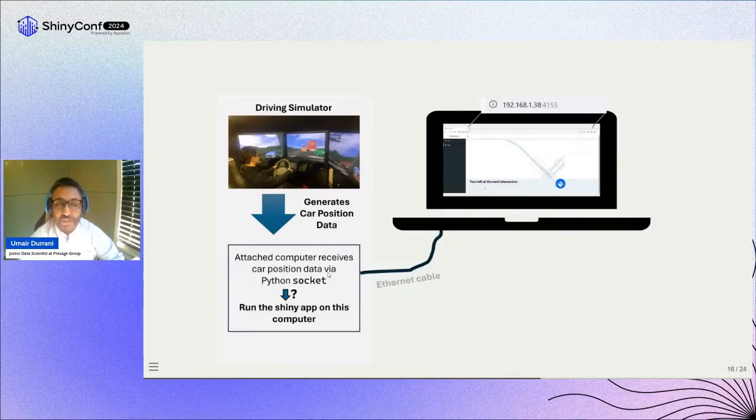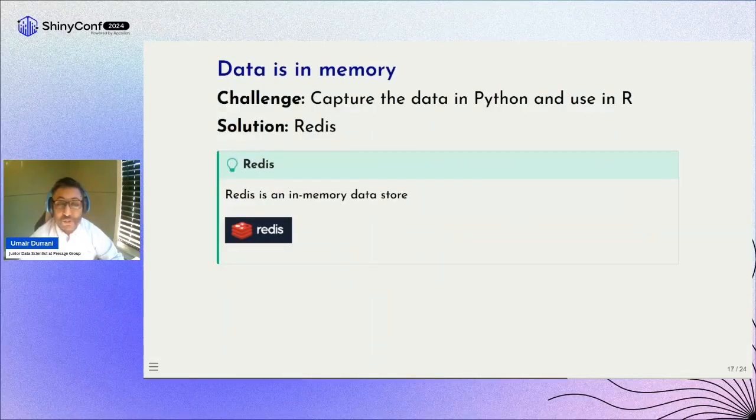The most popular was Streamlit, but in 2022, Streamlit's reactivity options were not as great as they are in Shiny, and I think they're still not as great. And there was no Shiny for Python. So I only knew how to use Shiny, and that was my only option. So I wanted to somehow send this data from Python, receive it in R, and then use it in Shiny. The solution for that was Redis.